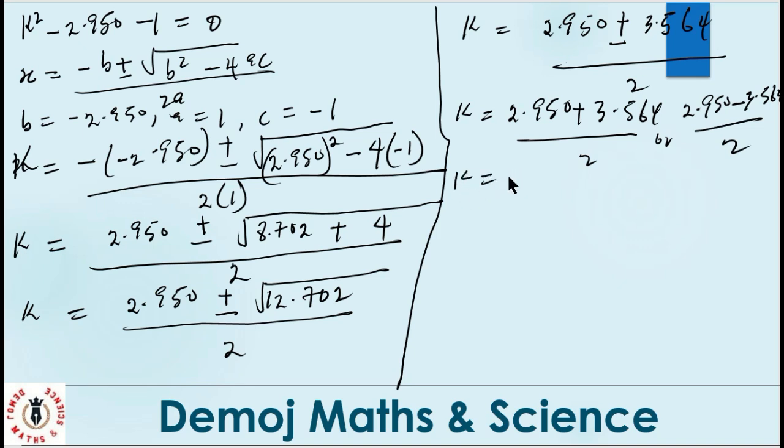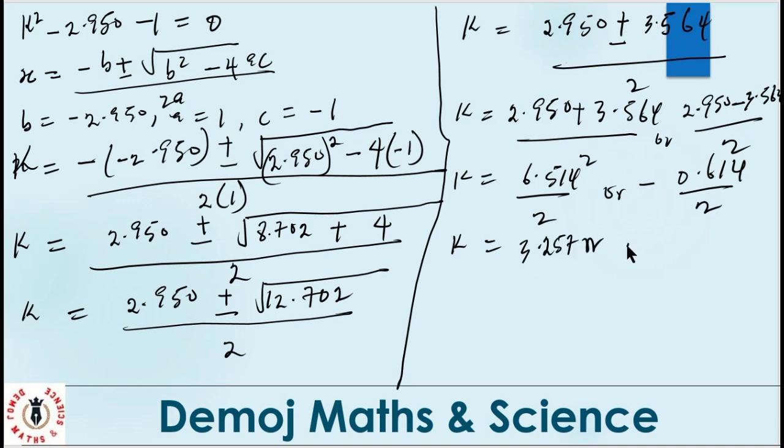So that my k is equal to 2.950 plus 3.564 from my calculator. That's the same thing as 6.514 over 2, or negative 0.614 over 2. So that k will be the same thing as 3.257 or minus 0.307.